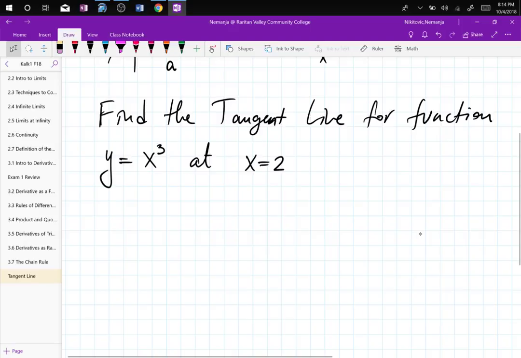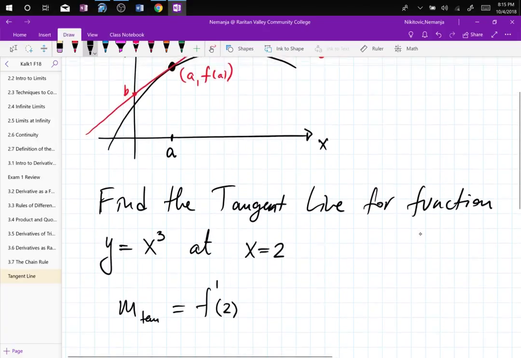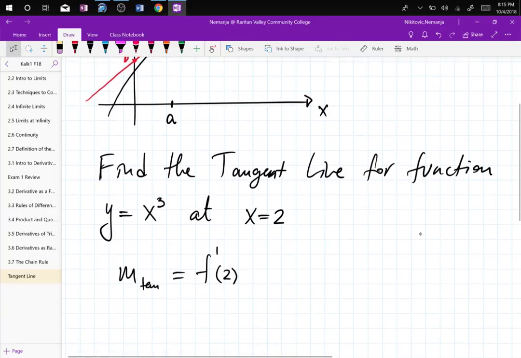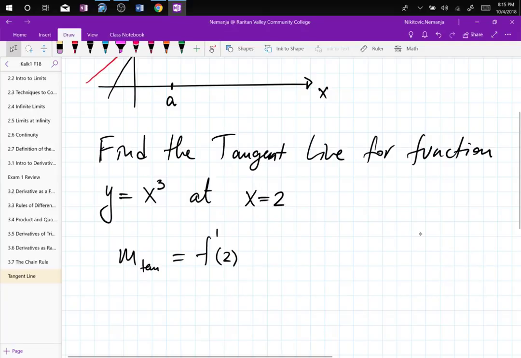So now we have that the slope of the tangent line is equal to f prime computed at 2. As you can see in the picture, if this a is equal to 2, you will be computing the tangent line, and that slope only occurs at a equals 2.